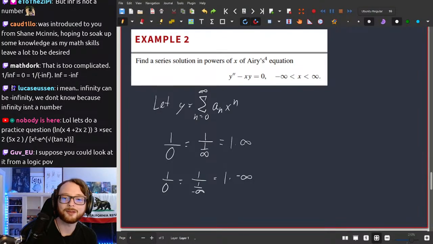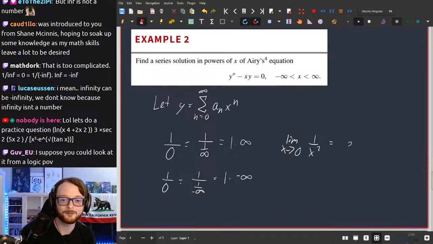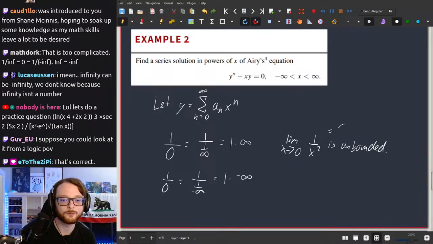Okay, so when I wrote earlier that this equals infinity, I think this is shorthand for something that's not actually proper to write. I think it'd be more proper to write out in English, is unbounded. That's technically what I actually mean when I say equal to infinity.